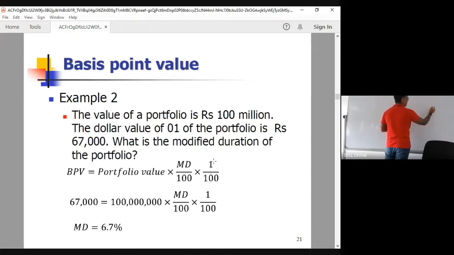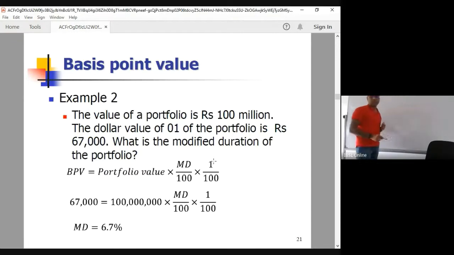We know that's 100 over whatever that is, because that's a percentage. And we know that for 1 basis point, this 67,000 represents the movement. Now what do you have to do here? You have to solve this equation, and once you solve it, you will get an answer of 6.7%, right?